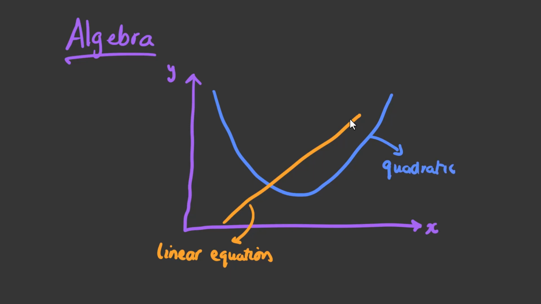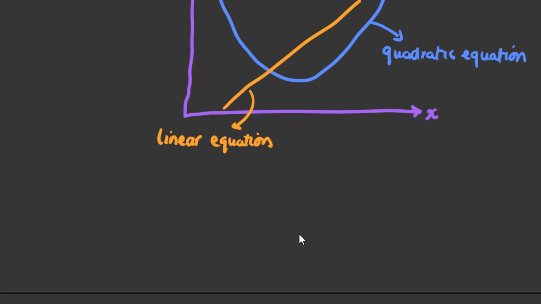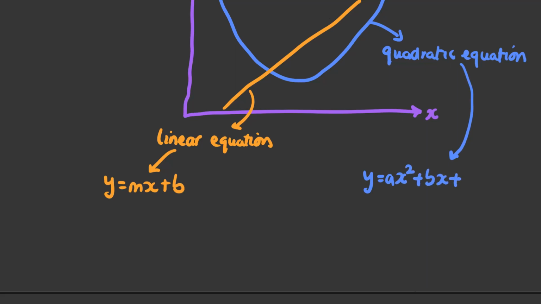And what do they look like in equation form? Our linear equation is expressed as y equals mx plus b, while our quadratic equation is expressed as y equals ax squared plus bx plus c.